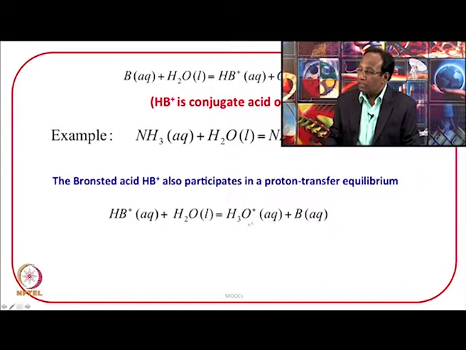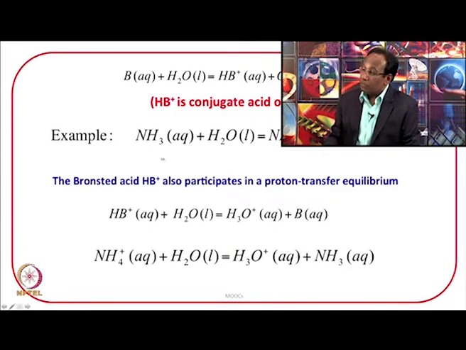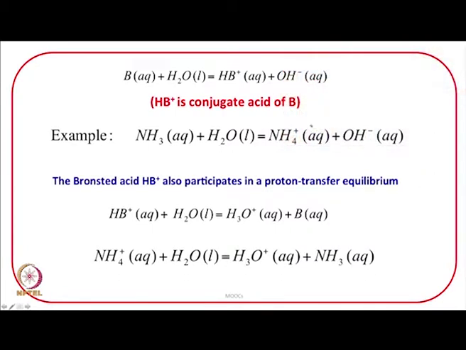In our example, the ammonium ion can lose the proton to water, resulting in hydronium ion and ammonia.